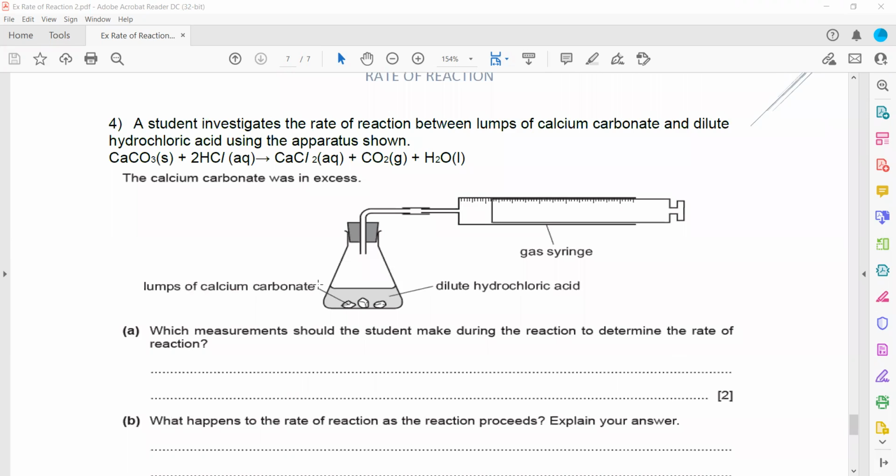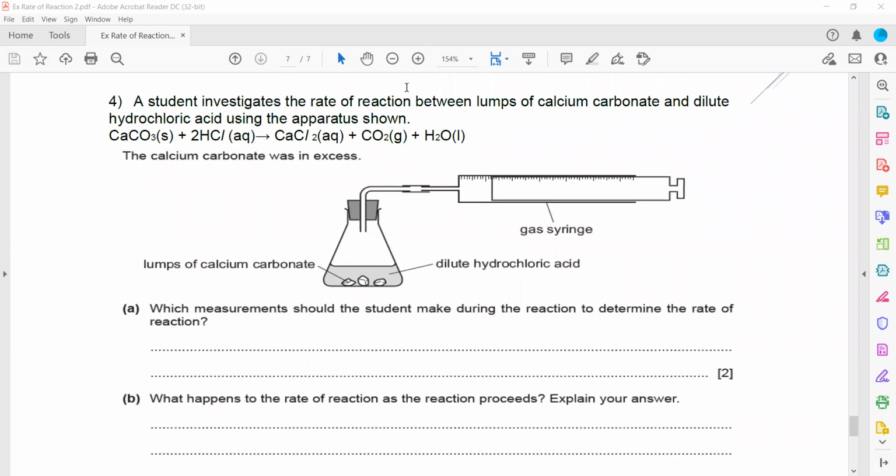Another question: a student investigates the rate of a reaction between lumps of calcium carbonate, like pieces, and hydrochloric acid. The calcium carbonate was in excess, like more than enough. Which measurement should the student make during this reaction to determine the rate? If the student wants to measure the rate, he can measure the change in mass of the reactant, or he can measure the amount of product formed.